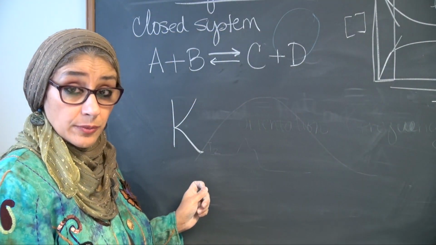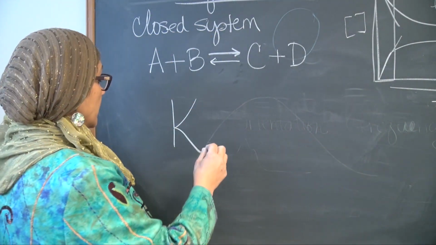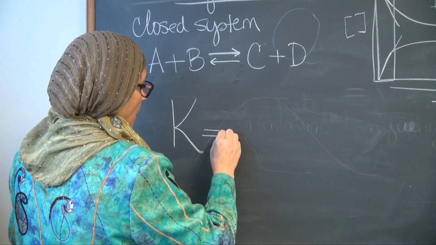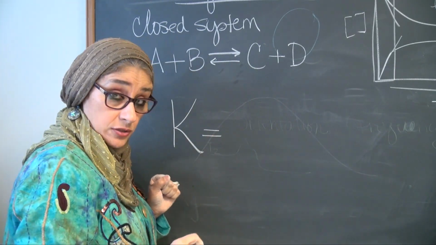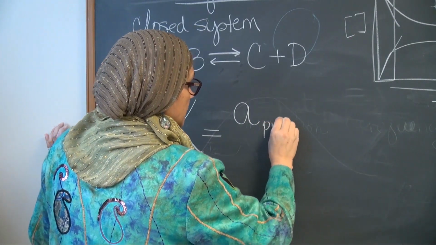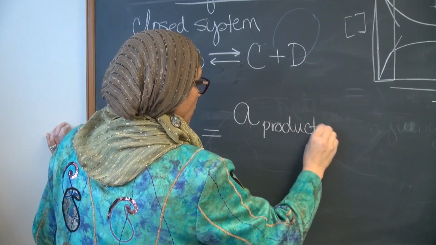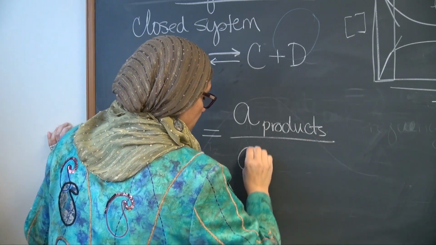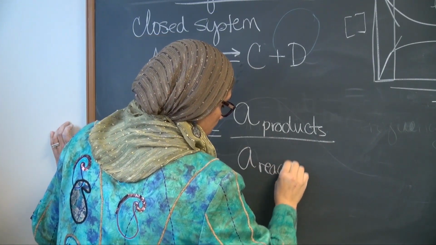This is the equilibrium constant K, which is equal to, and this is the technical definition that I'm giving you, the activity of all the products over the activity of all the reactants.